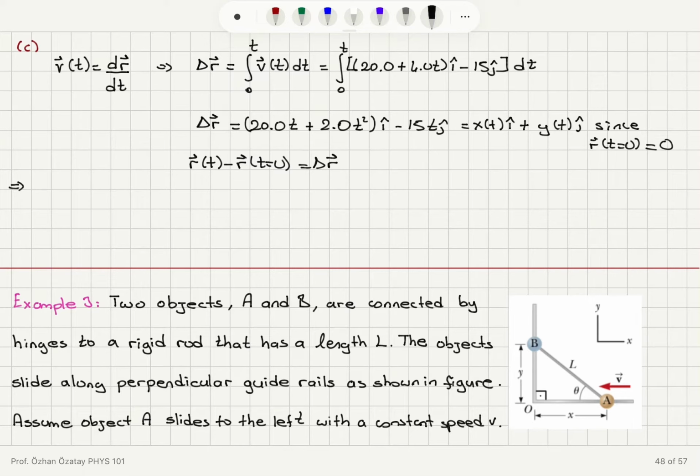Therefore, we find that the x component, x of t, is 20.0 t plus 2.0 t squared. And the y component, y of t, that's the coefficient of j hat, is minus 15 t.